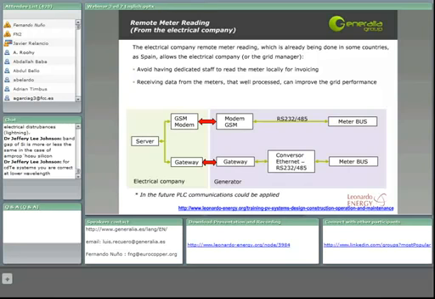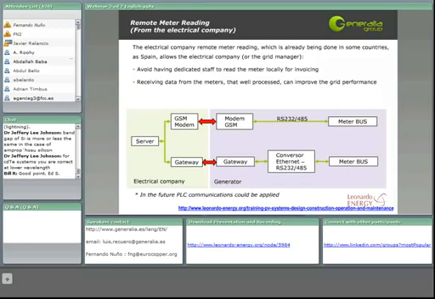One of them might be by a GSM modem installed for each of the meters within our PV facility. But if we have several meters to be read from the electrical company, it might be interesting to install a converter from Ethernet to RS485 so that we can only use one modem and save costs for these communications.